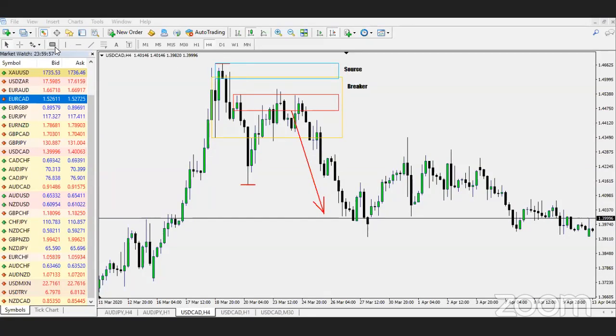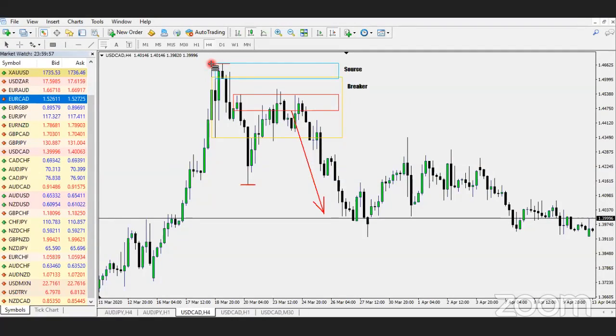So the two red lines on my chart that I've marked up: this red line indicates our source at the top, and you can see the red order block that I've created, and this bottom red line. Now, if you followed the other part videos and you're up to date, then this won't be a problem for you. For all the newbies, you should go and check out all those videos.